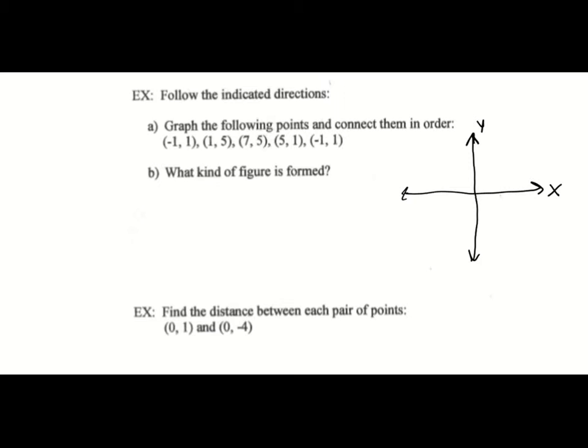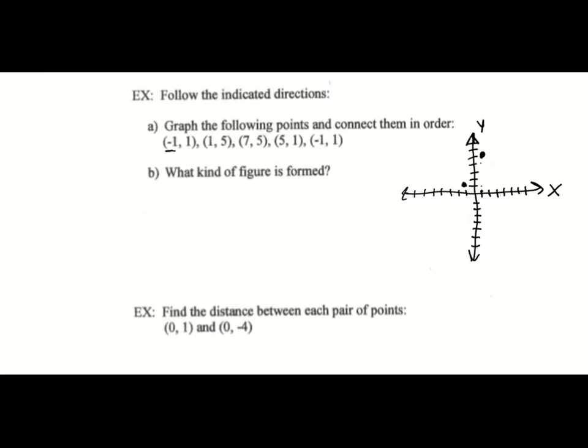So if our x value is negative 1, that means I'm going left 1 on my x-axis, and then positive 1 in my y direction, so I'm going up 1. This is my first point here. Then I have 1 in my x direction, positive 1 is to the right, and then plus 5 is up 5. So 1, 2, 3, 4, 5.